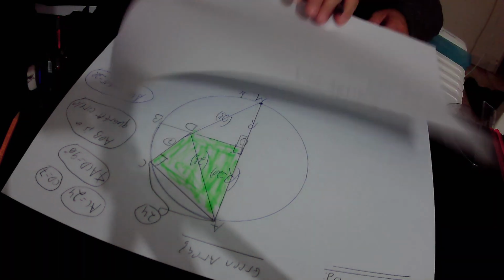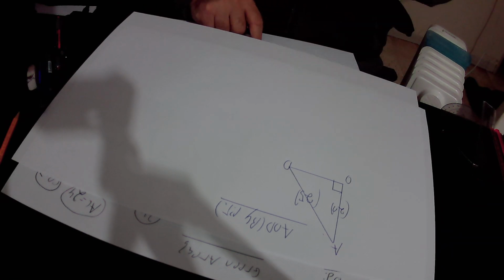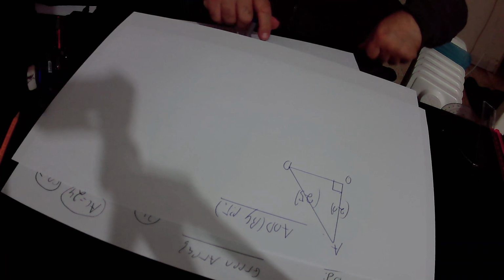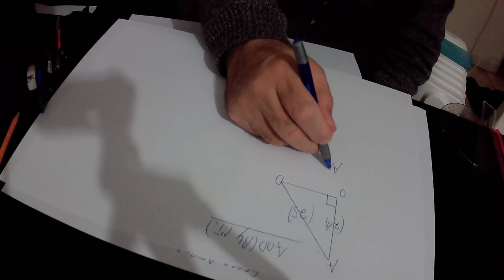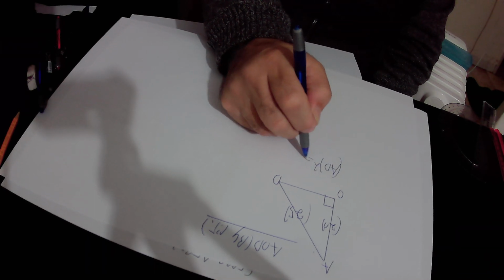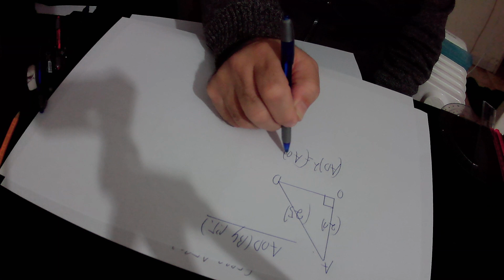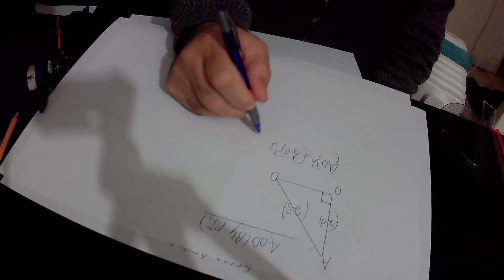So this is the right triangle AOD that I copied from the original drawing. According to the Pythagoras theorem, in this right triangle AOD, AD squared must equal AO squared plus OD squared.